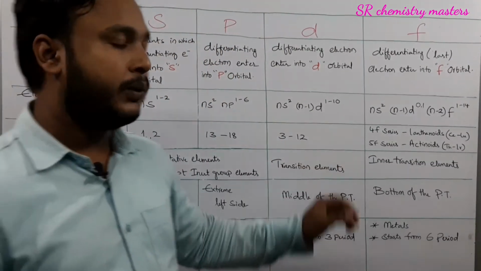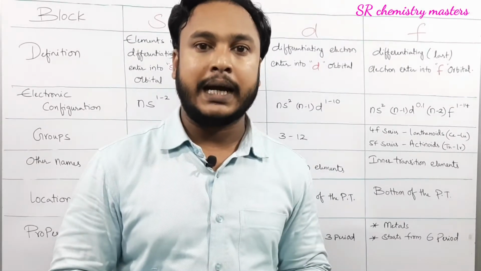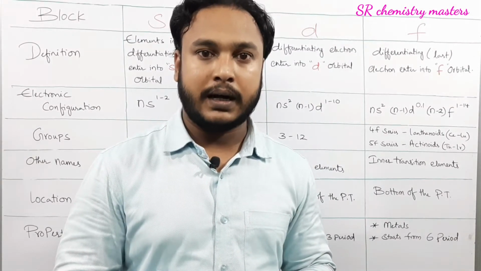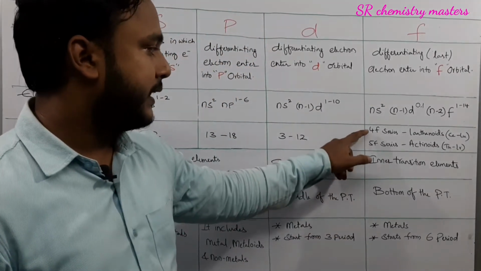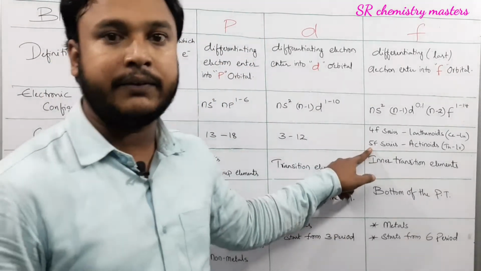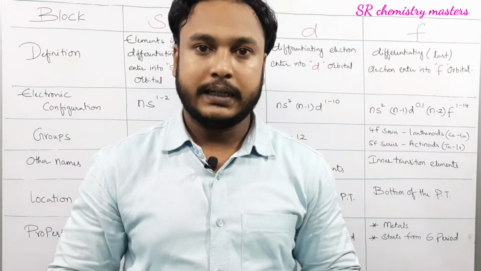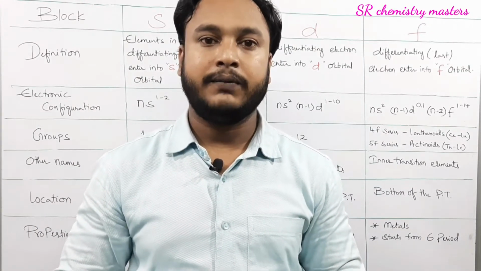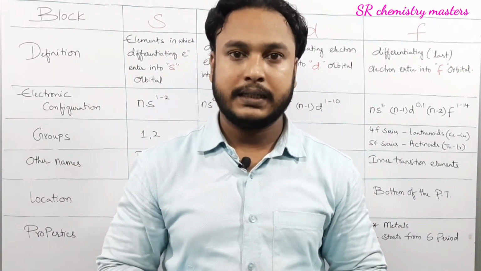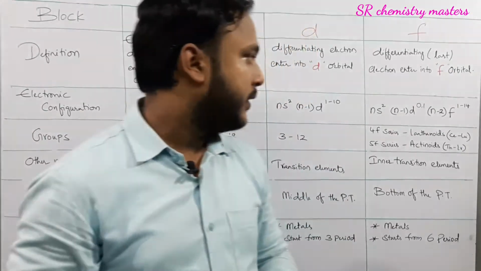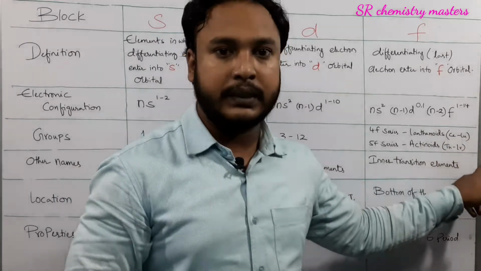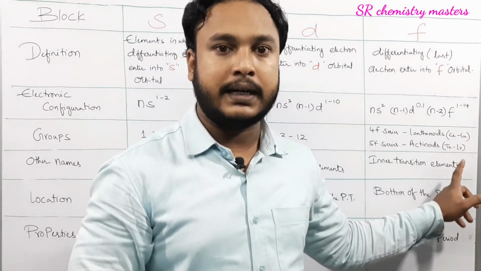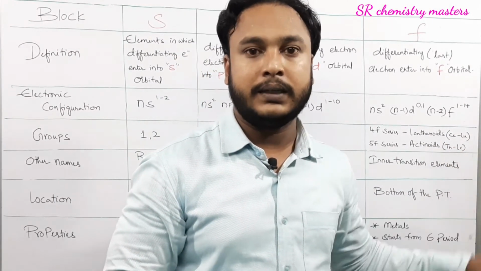For the F block, you don't have any group, as F block elements are in between the D block elements. We have the 4f series and 5f series. The 4f series elements are considered lanthanides and the 5f series elements are considered actinides. Lanthanides start from cerium and end with lutetium, whereas actinides start from thorium and end with lawrencium.